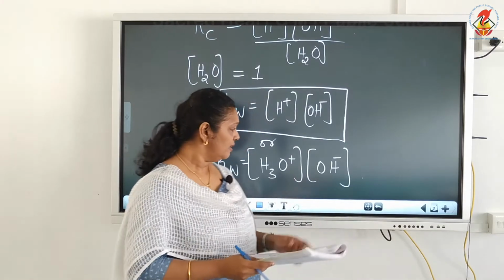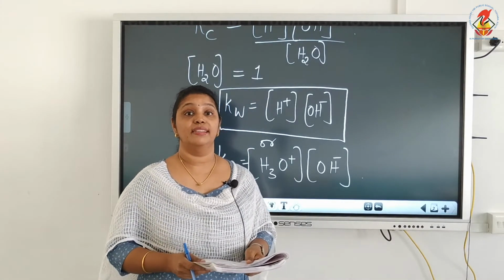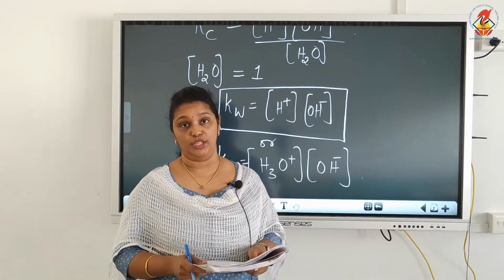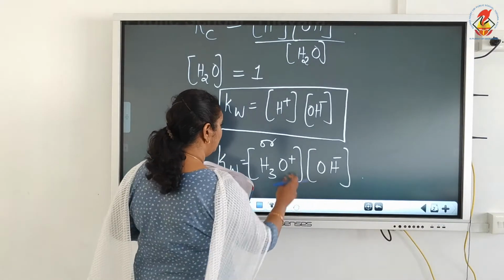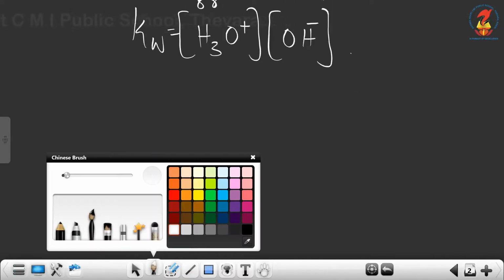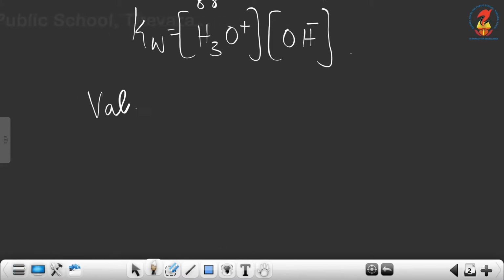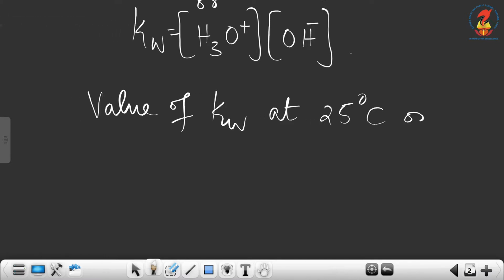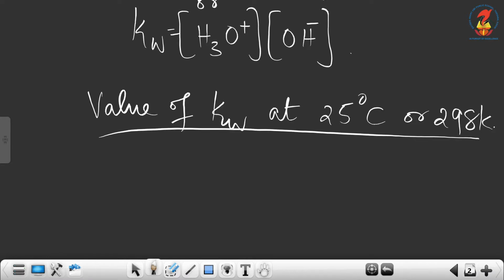Now this Kw takes different values at different temperatures. Now we are going to find what the value of Kw is at 25 degrees Celsius, or 25 degrees Celsius in Kelvin scale is 298 Kelvin.